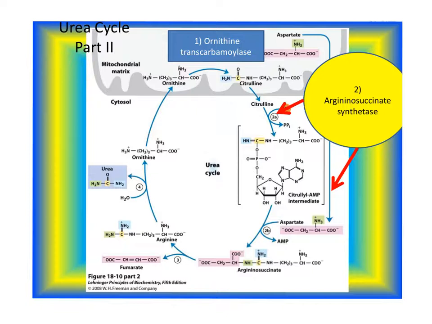So then the third step, I'll give you a moment to write that down, for those of you who are writing: argininosuccinate synthetase. We've seen succinate and its derivatives where? What other metabolic pathway, the citric acid cycle?